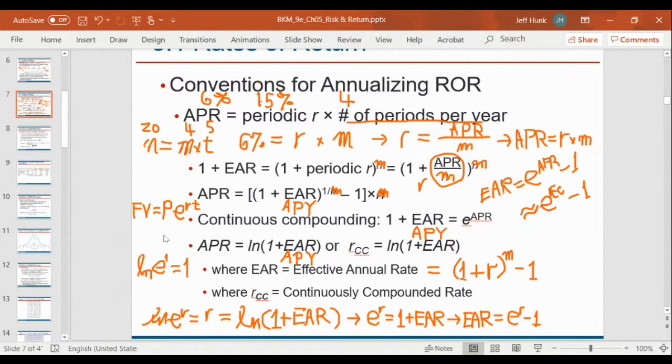Now think about it. The periodic rate is simply APR divided by M, but we use it for compounding.